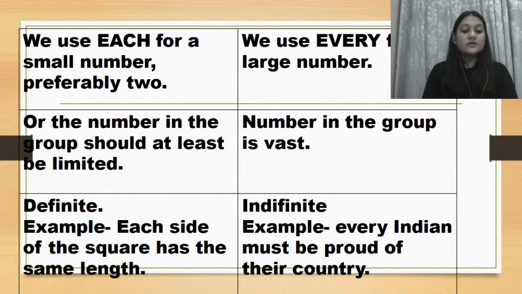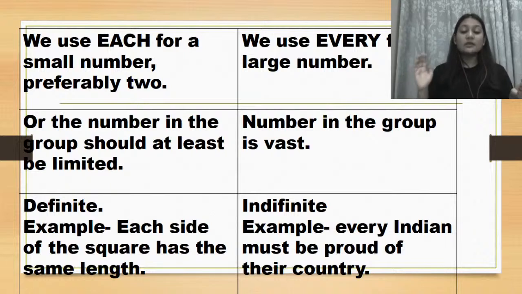Now, we use each with definite, when we are so sure, when we are so particular, and we use every with indefinite. Let's just say each side of the square has the same length, of equal length, but every Indian must be proud of their country. There's an indefinite figure, like every Indian should do it, right?